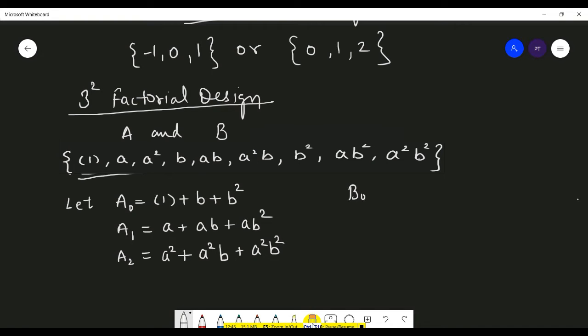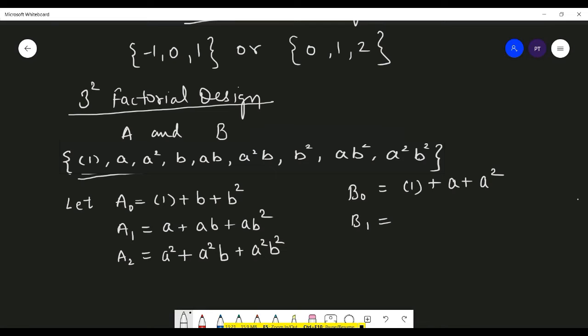Similarly, B0 is the sum of all the treatment combinations or yields for which the factor B was set at low level. So these treatment combinations are 1, a plus a square. B1 is the sum of all the yields for which the factor B was at intermediate level.